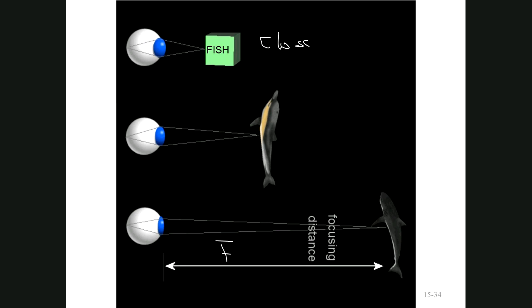So let me ask you a question. Close vision or far vision? Which one requires the ciliary muscle to contract? Close, exactly. So when you contract a muscle, after a while, muscles get tired.